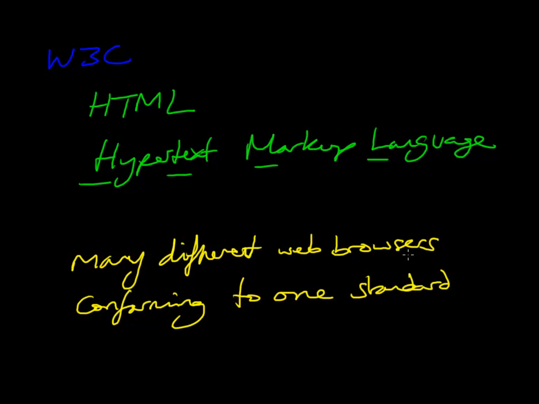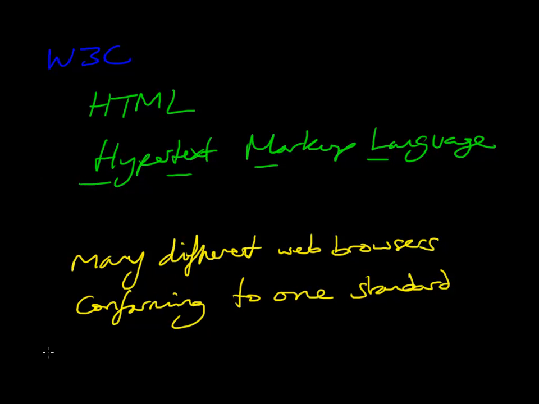I make one web page in HTML, which is a common language, a standard language, and then any web browser is able to read that. And indeed, if you were using the HTML standard as opposed to something which wasn't a standard, even if you were using it 10, 20 years ago, those web pages would still be readable even on mobile phones today. So it's a much better way of doing things to have an open standard.